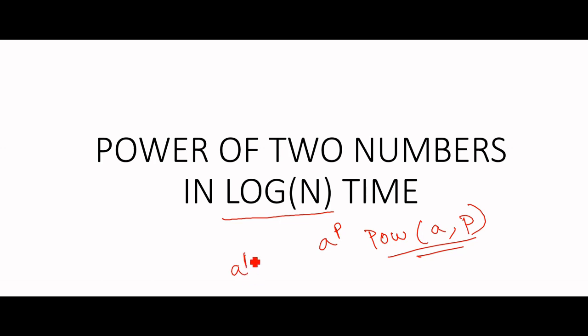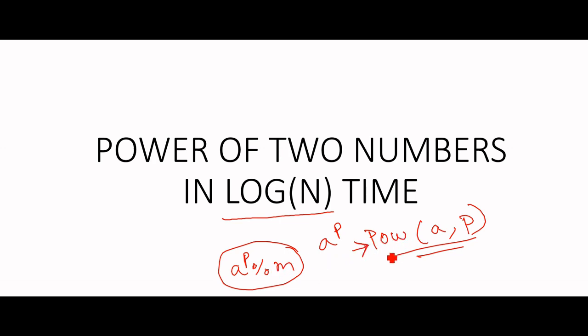For example, suppose at any point we need a to the power p mod m. At that time this function won't work, because in modular arithmetic we need to keep the remainder in each and every step.